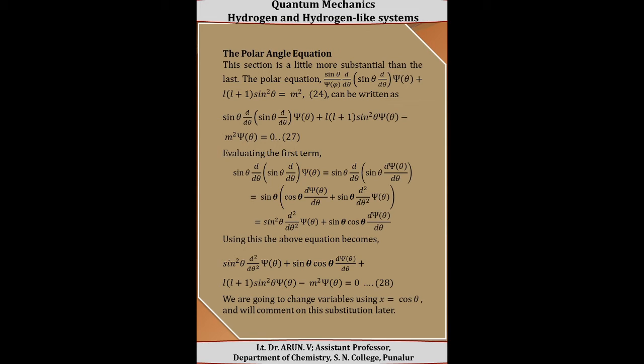So using this, the above equation, equation 27, becomes sin square theta d square by d theta square psi theta plus sin theta cos theta d psi theta by d theta plus l into l plus 1 sin square theta psi theta minus m square psi theta, that is equal to 0.